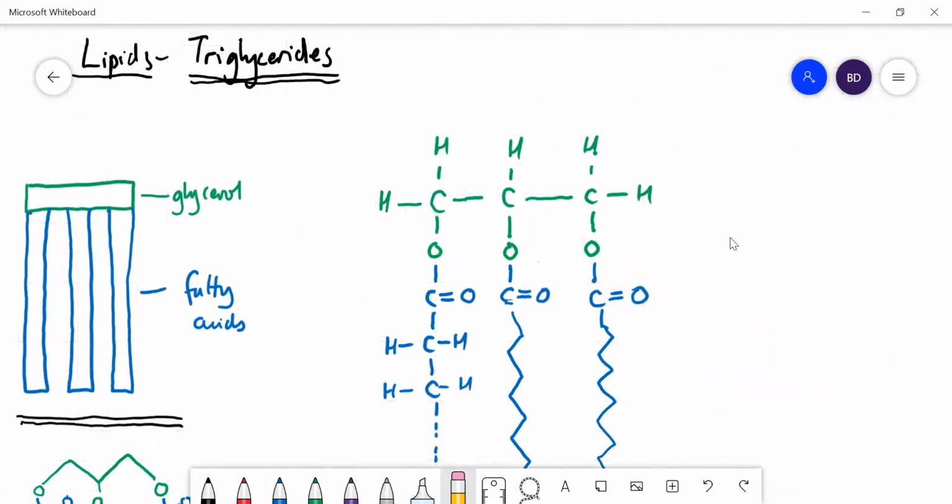The way they're joined together is an ester linkage. An ester linkage is formed between an alcohol and a carboxylic acid, you may remember. The ester linkage I've drawn in the purple brackets there. And there are 3 ester linkages in a triglyceride because you've got 3 fatty acids stuck on each one to each alcohol in the glycerol.